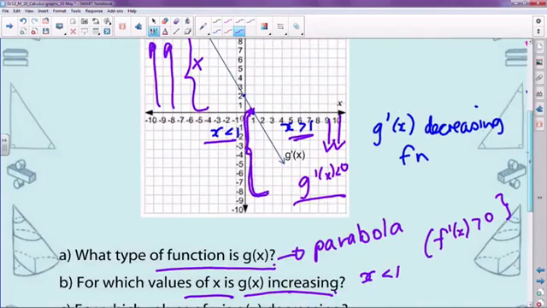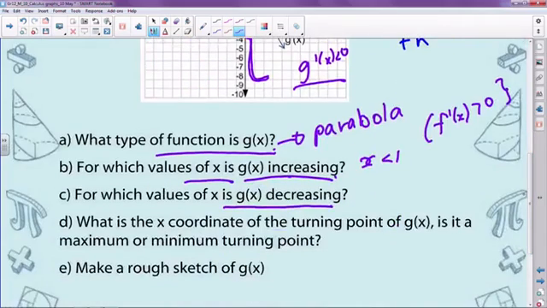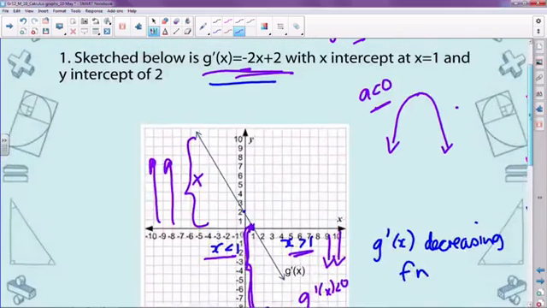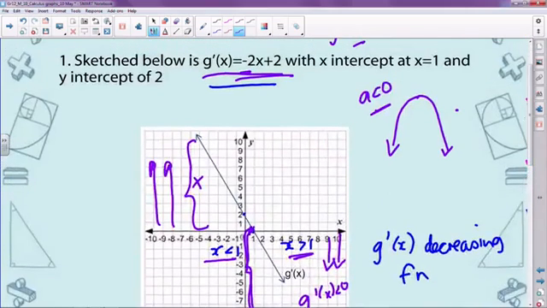So therefore, g of x itself will be decreasing when the gradient is negative. All right. So if I go to the little sketch that I drew for you here, we have a point here, that's the turning point.